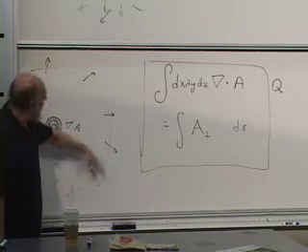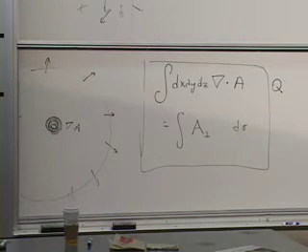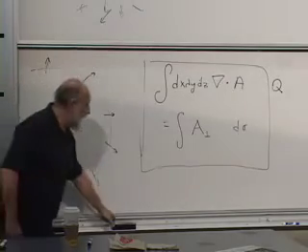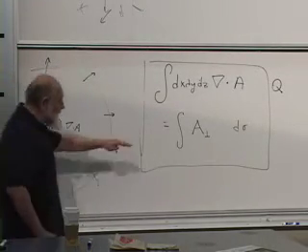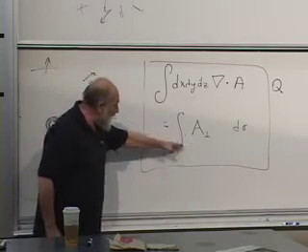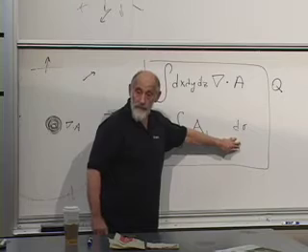Why is it the same? Because everything has spherical symmetry. The A that appears here is constant over this whole sphere. So this integral is nothing but the magnitude of A times the area of the total sphere.